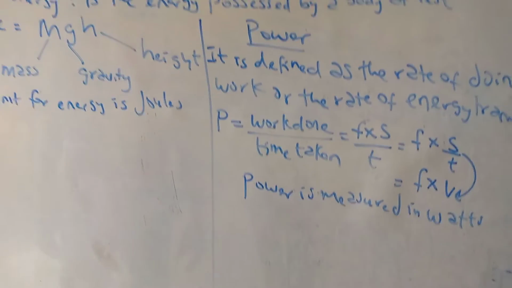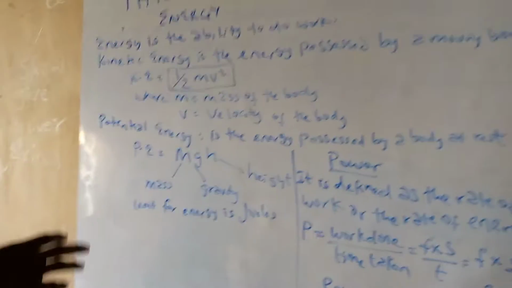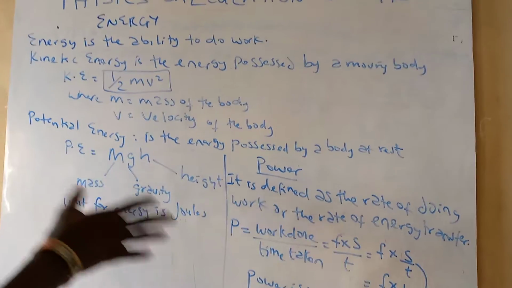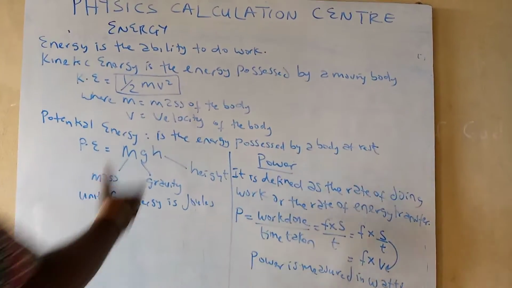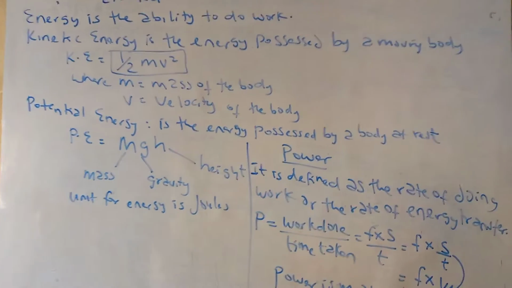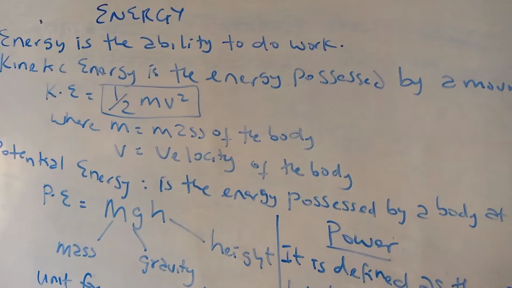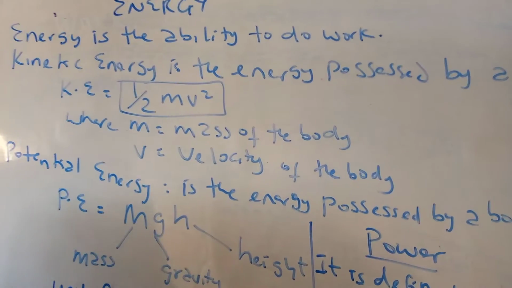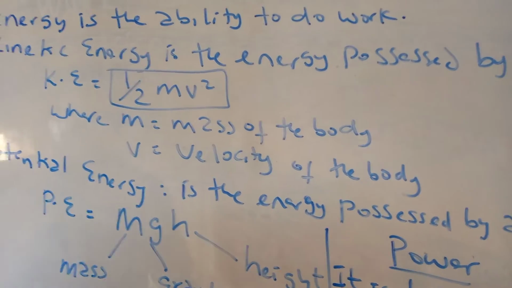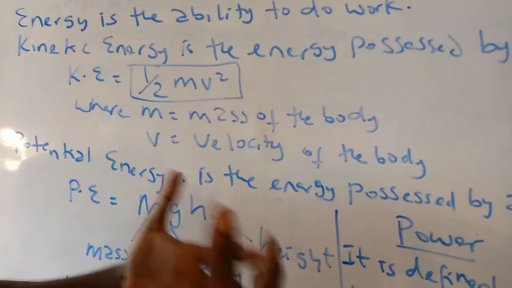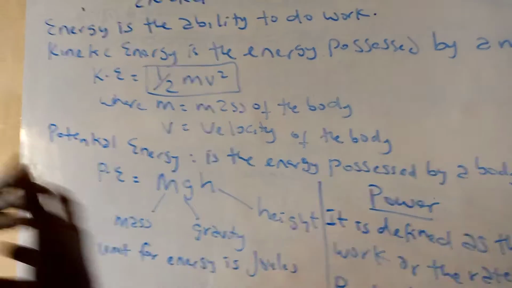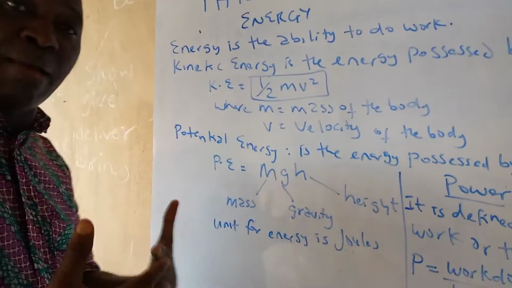As you can see, we've been able to quickly go through them as a concept. Energy is the ability to do work. If you don't have energy, how would you be active? For a child to keep jumping up and down, he needs food, which gives him chemical energy.